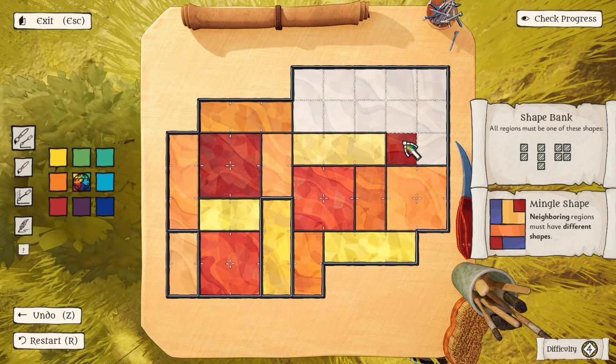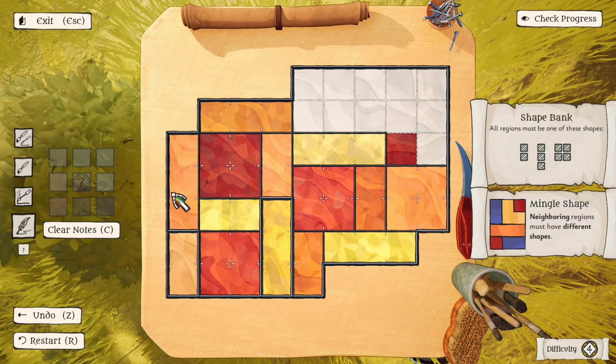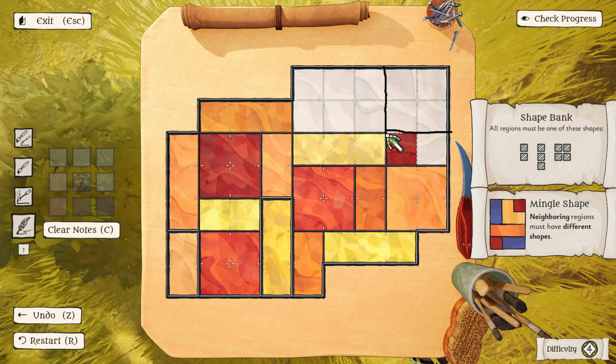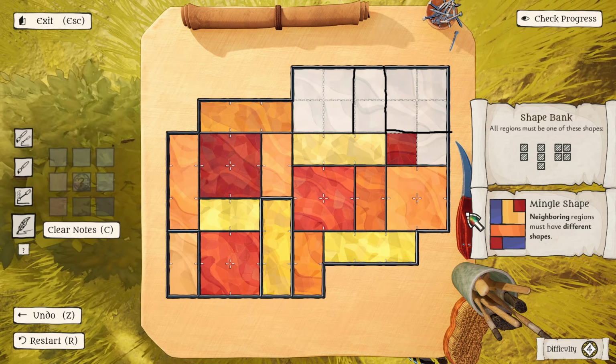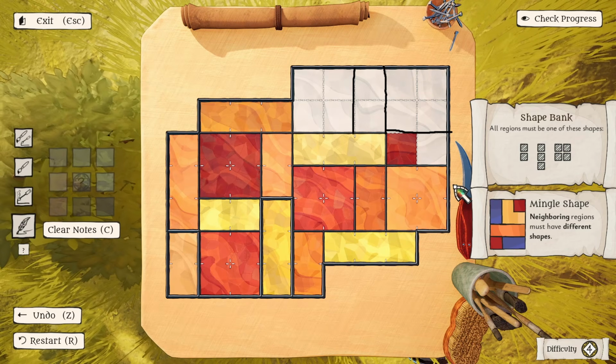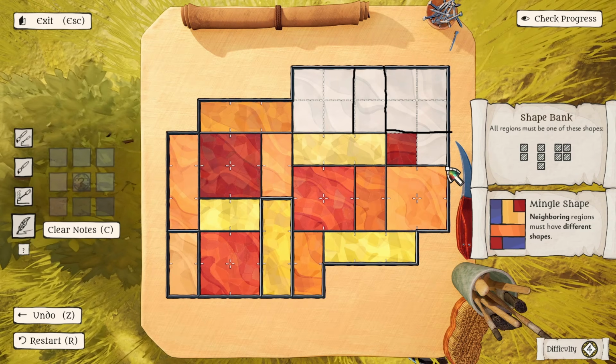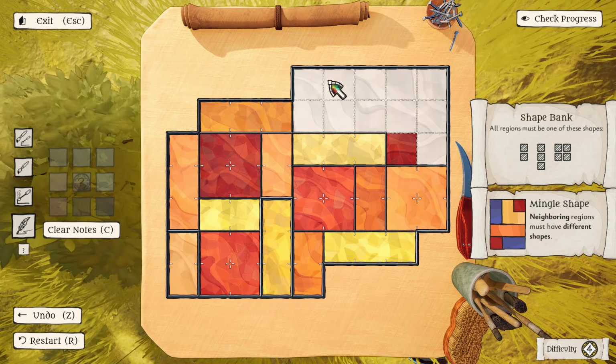I am looking to see if it's the only way. The way I see right now is this, that, and that. Is there another way to finish that? I don't think so.